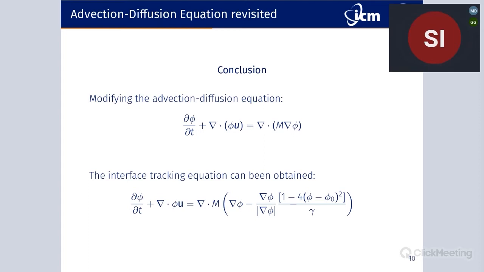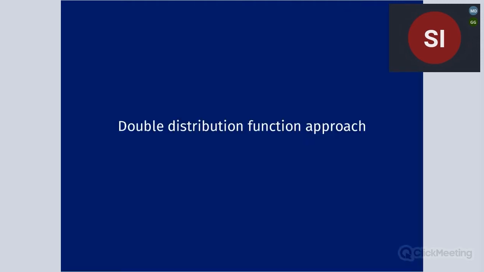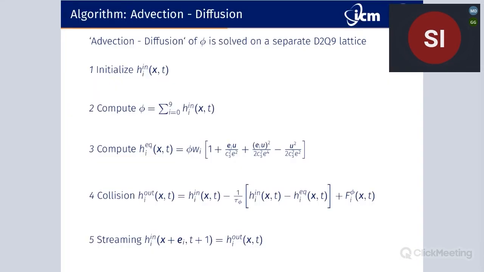And now we are very happy because we can use the algorithm which you have already seen to solve these equations. And we call it the double distribution function approach. This means that we will just assign another distribution function which will be responsible for recovering this passive scalar field. So here you've got the same algorithm, just revisited.